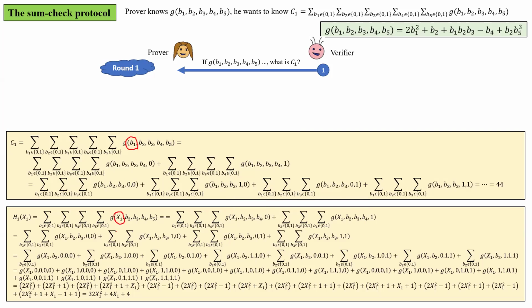So this means that the prover needs to hold this variable fixed and then calculate the summation based on the remaining variables, where b2 to b5 could be 0 and 1. So after this computation, the prover reaches the polynomial 32x1 to the power of 2 plus 4x1 plus 4.